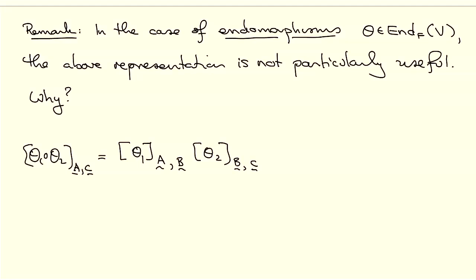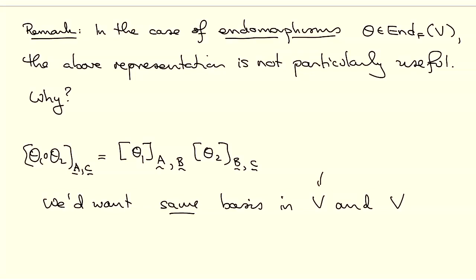If we want to use matrix multiplication to do composition or high powers of a linear operator, we need to pick the same basis in the V domain and the V codomain to make it practical. So we'd want the same basis in V and V. That one's domain, that one's codomain.